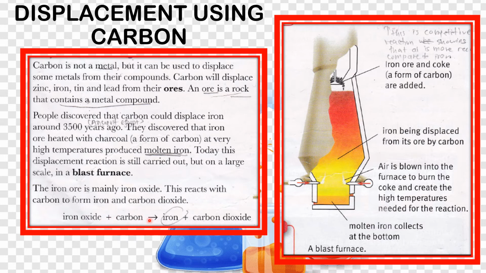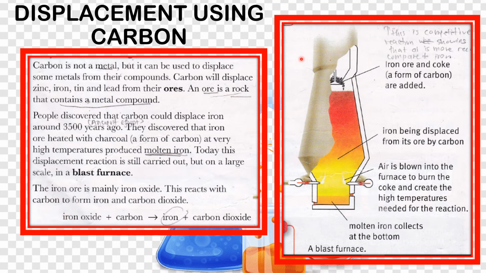If the single element is less reactive than the compound, it cannot undergo the displacement reaction. We call it a compound because it contains two or more elements. So if the single element is more reactive, it can undergo displacement reaction. That's the idea, right?